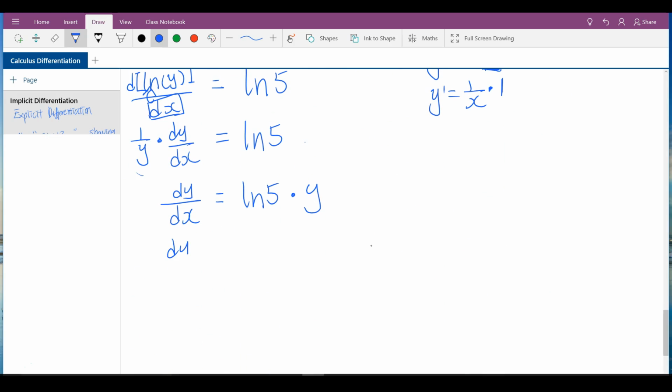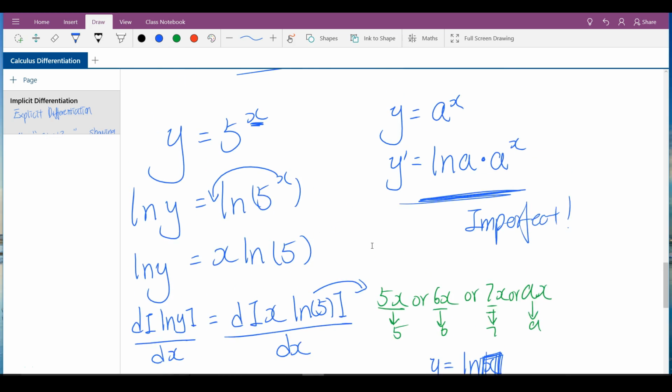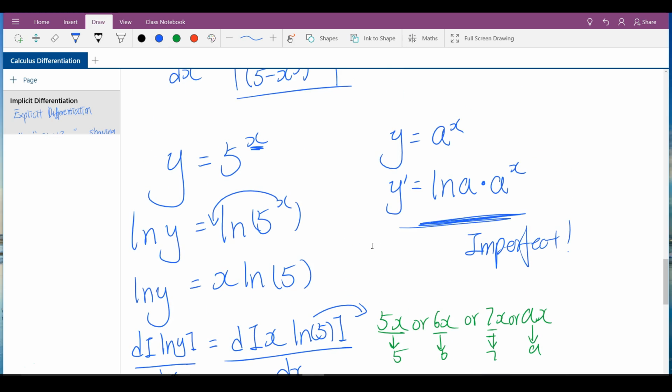So dy dx, therefore we can finally finish it, is just ln 5 multiplied by 5 to the power of x. Yeah, simple. Very good. If you come down to this step, you got it. We have just proved that the derivative of a to the power of x is ln a multiplied by a to the power of x.